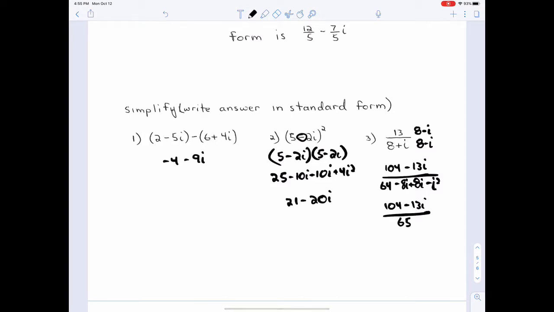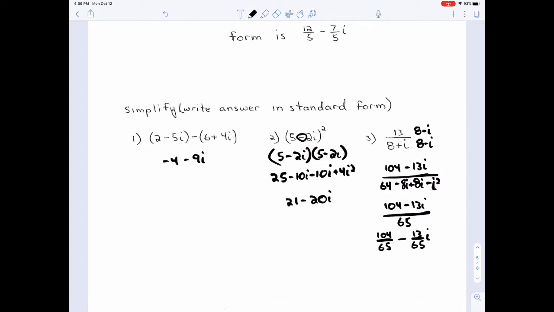Now, something kind of weird about this one, well, it's not weird. I asked you to write it in standard form. So we have 104 over 65 minus 13 over 65 i. You can cancel each fraction.